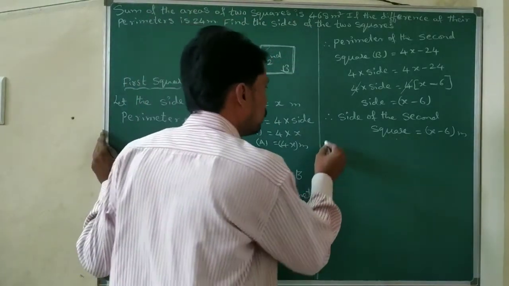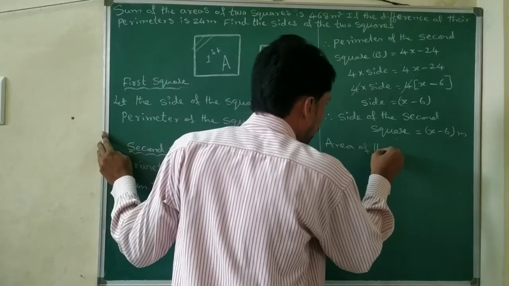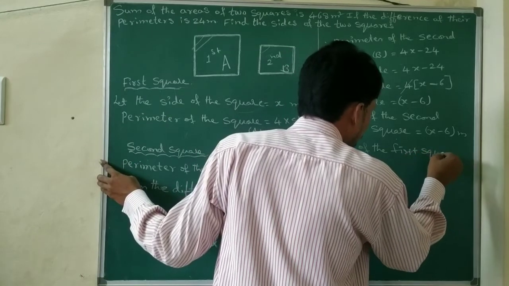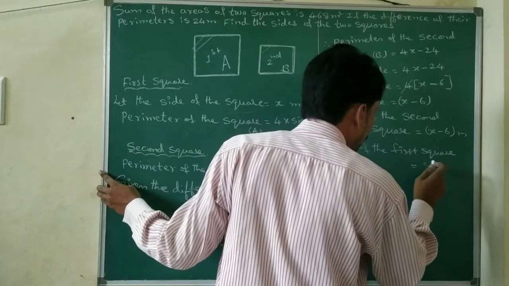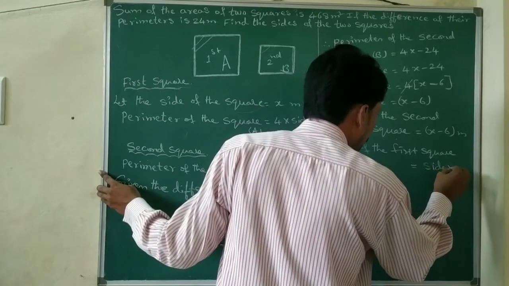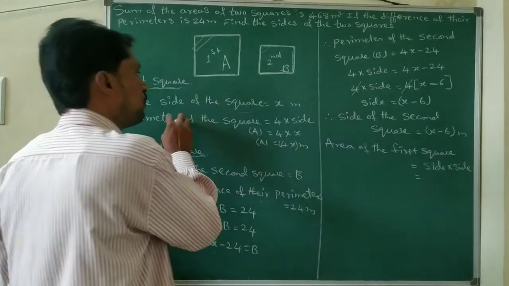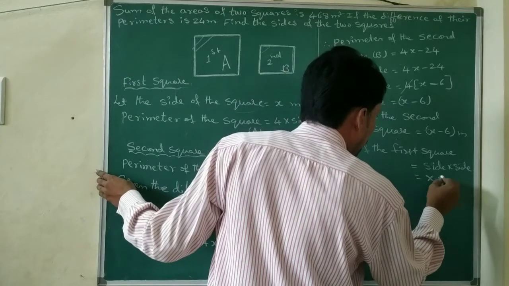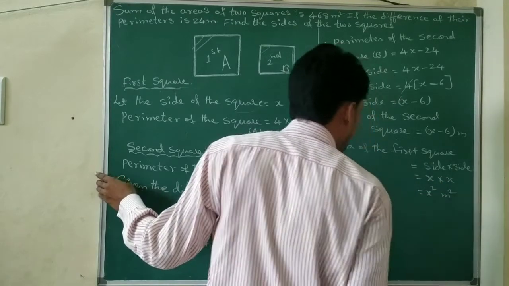Now you can find the area of the first square. What is the area of the square? That is side into side. The side of the first square is x, so x into x equals x square meters square.